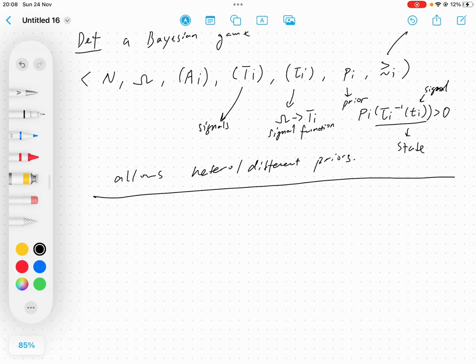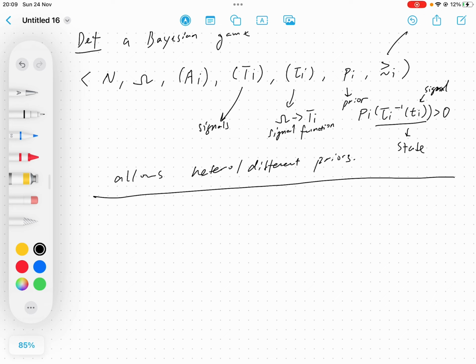When we say the players in this game, like we just mentioned, in kind of a reduced form, we could refer to those signals as the types.